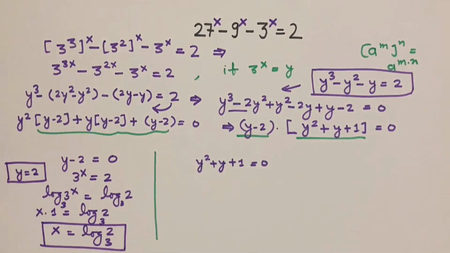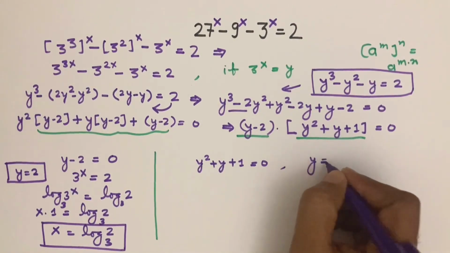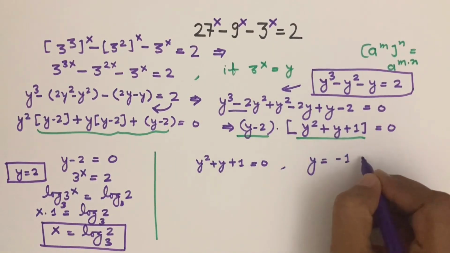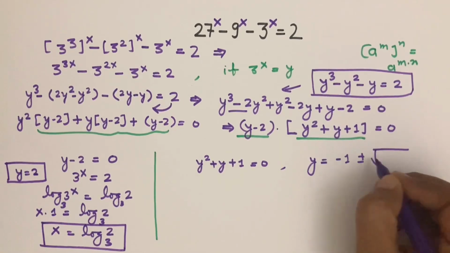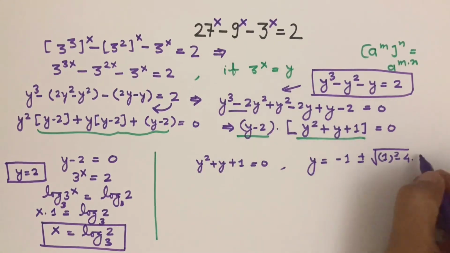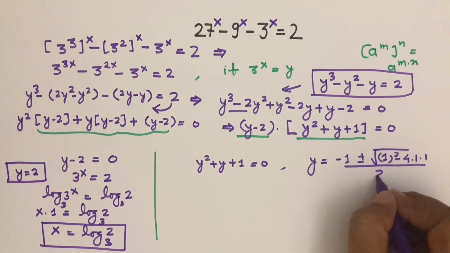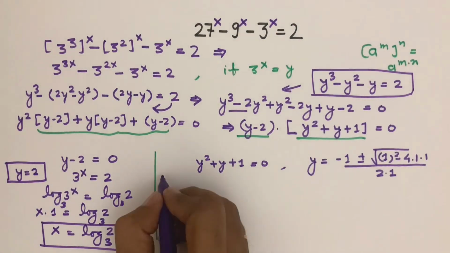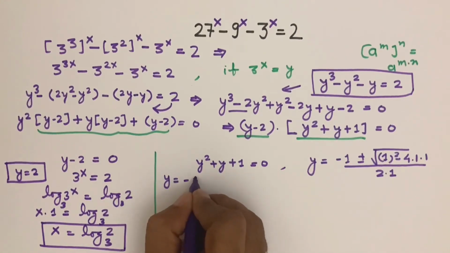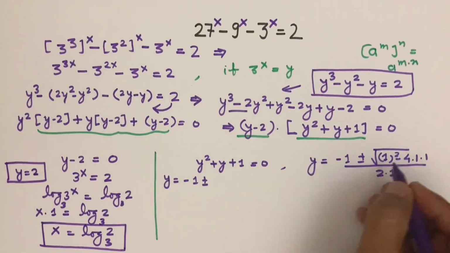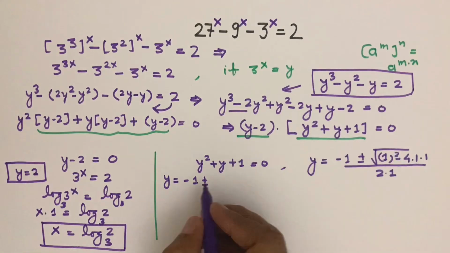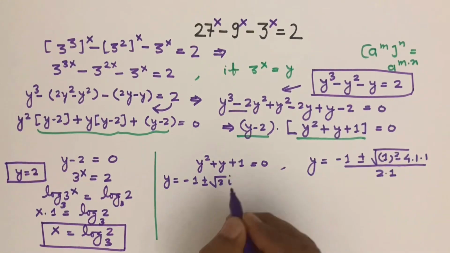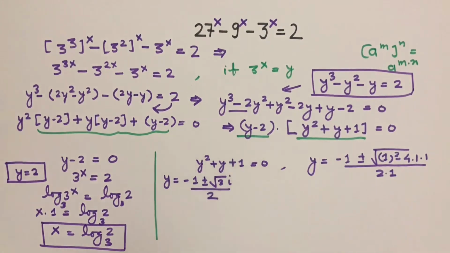Now solving here, y equals minus b plus minus square root of b square minus 4ac, divided by 2a, where a is 1, b is 1 and c is also 1. So y equals minus 1 plus minus square root of 1 minus 4, which is minus 3, this is square root of 3i, divided by 2.